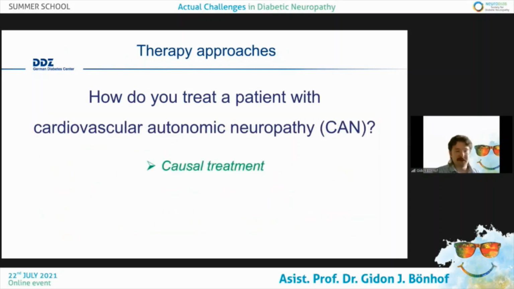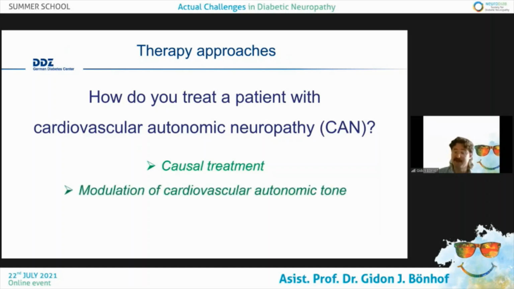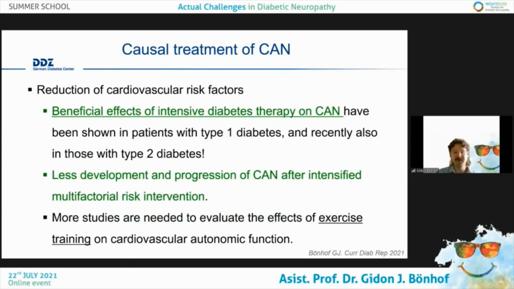I'm running out of time, but a bit of information about the treatment of cardiovascular autonomic neuropathy. Also here you have causal treatment with reduction of risk factors and intensified glycemic control. You have the modulation of the heart rate variability, which you can reach by choosing the right substances to treat other diseases, and you can treat the complications of cardiovascular autonomic neuropathy, like orthostatic hypotension.